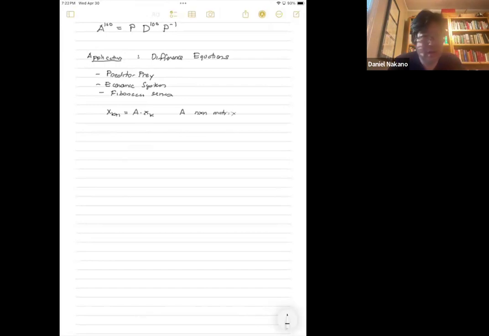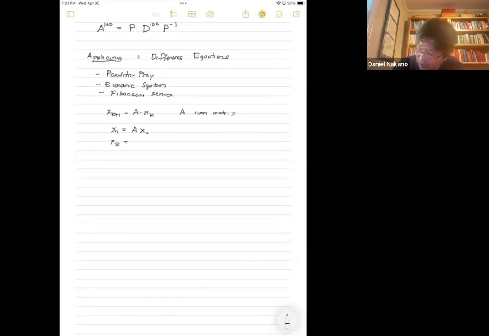The k plus first stage is obtained by taking the kth stage and multiplying by A. So x1 is equal to A times x0.